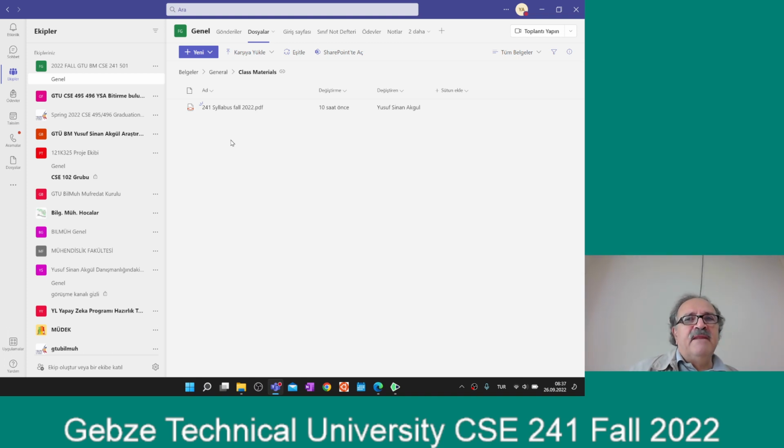The Teams page is very important, so I am expecting everybody to sign up to this page, because we will be doing our announcements and the homework submissions in our Teams page. I am sure our undergraduate students have used Teams before for other courses. For the new graduate students, maybe some of you did not use it. It is a simple thing. Just install it and log on with your GTU email and password, and look for this name.